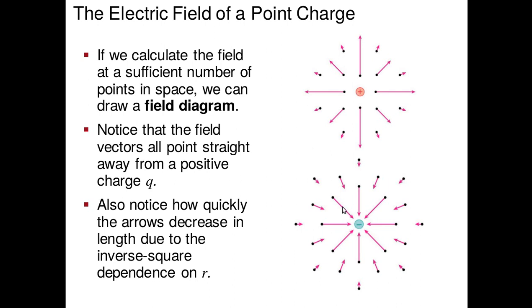The farther away I am from my charges, the weaker the field gets. And it's always pointing away from a positive charge, because if you put a positive charge here, it would go in that direction. And it points towards a negative charge, because if I put a positive charge here, it would be attracted.